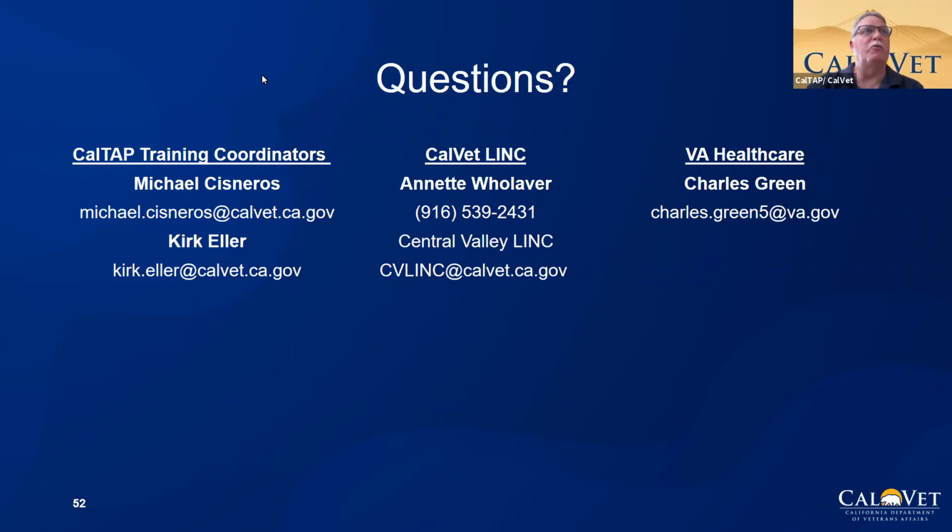The first question that we received is from Austin. He was asking what the point is of My Health eVet if the VA doesn't use this platform. So I can answer that. Sure. So the important element for using My Health eVet, and I can just say this as a veteran, is that a lot of times when you call into the VA, you have to go through a call center.